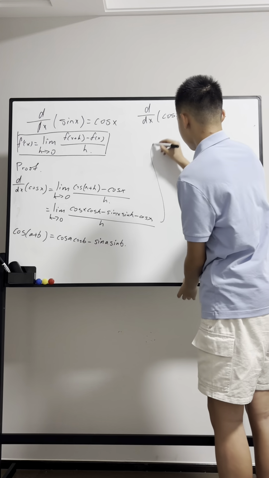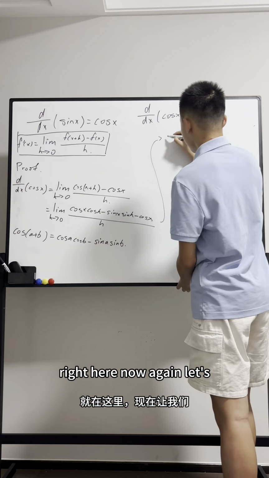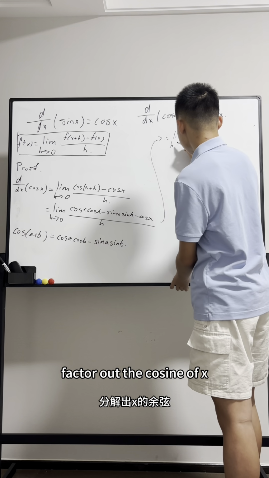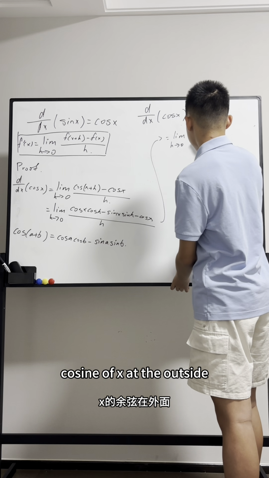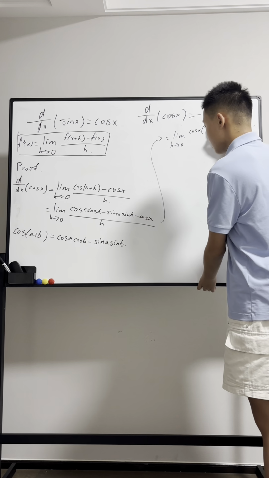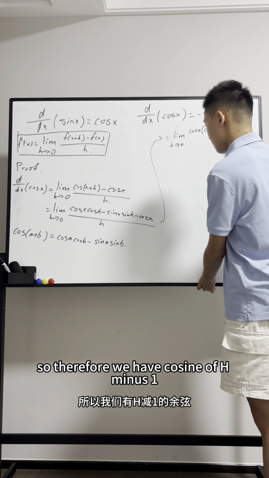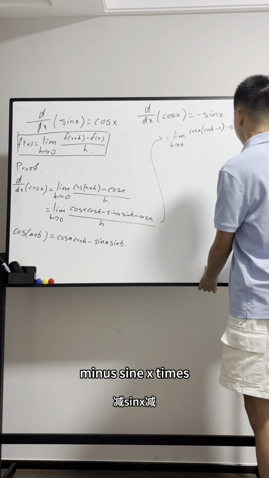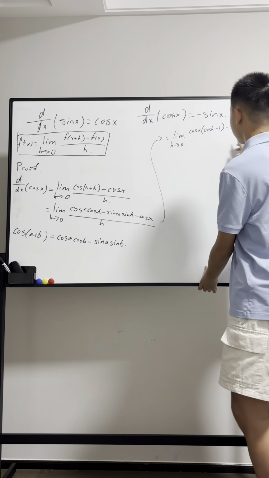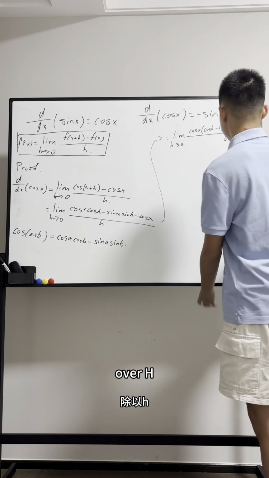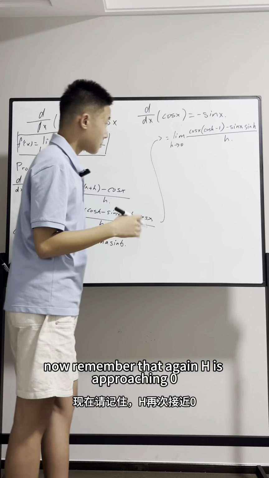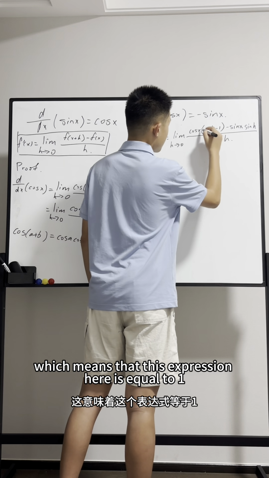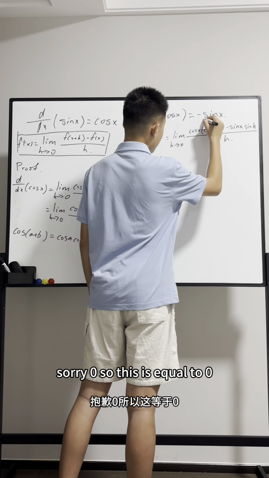Now again, let's factor out the cosine of x on the outside. So therefore we have cosine of h minus 1 minus sine x times sine h over h. Now remember that, again, h is approaching 0, which means that this expression here is equal to 0.